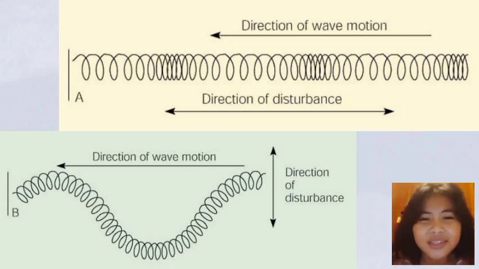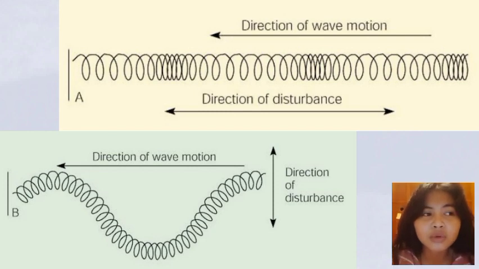There is a compression site and a rarefaction site, so that means the wave is a longitudinal wave. Also, the direction of the disturbance and the direction of the wave motion are parallel with each other.